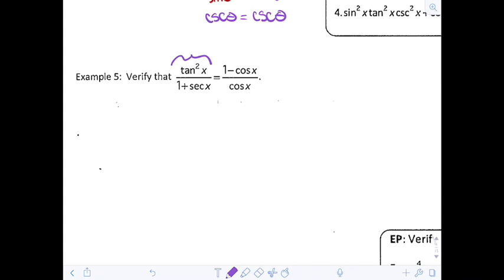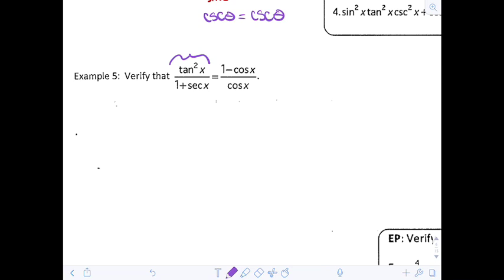Well, I know that secant is the reciprocal for cosine. And if I look at tan squared, always when you have something squared, go to those Pythagorean identities. Tan squared is equal to secant squared minus 1. So I'm going to replace that.